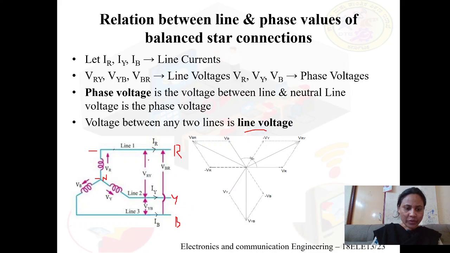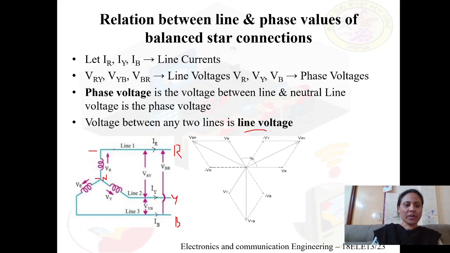So here we have represented the line voltage between R and Y as VRY, between R and B as VBR, and between Y and B as VYB. So these three are nothing but the line voltages.